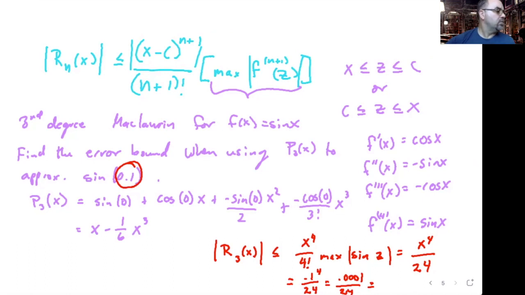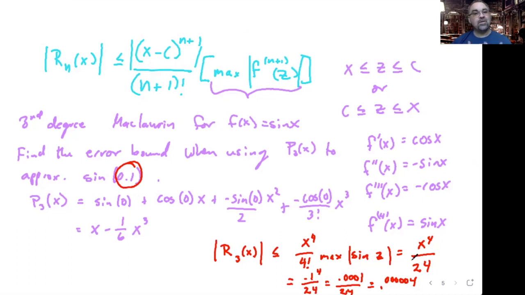How many zeros is that? 1, 2, 3, 4, 5 zeros. So it turns out that a Maclaurin polynomial to approximate sine, as long as you're at 0.1, is really good. Tenths, hundredths, thousandths, ten thousandths, hundred thousandths. That's about 4 millionths. That's really close.